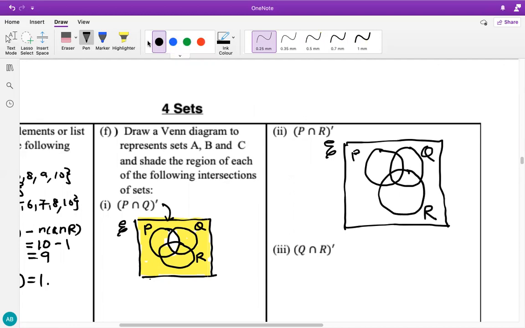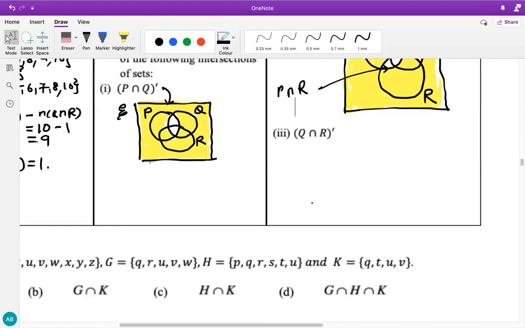This is R. So the area of P intersect R prime will be everything here, outside P intersect R, except this part. This part is P intersect R. So here, the whole thing. This white area will be P intersect R.